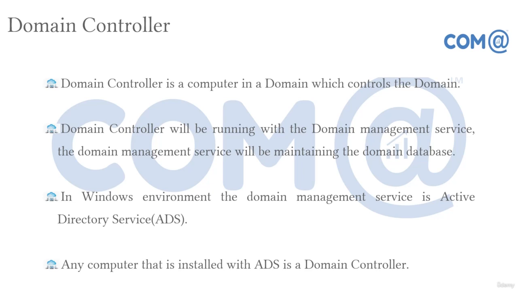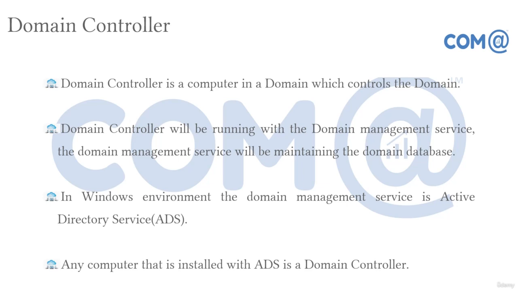Active Directory service, in short ADS, is a service which is used to centrally configure, centrally administrate, and centrally authenticate the domain objects. Any computer which is installed with Active Directory service, we call it a domain controller.